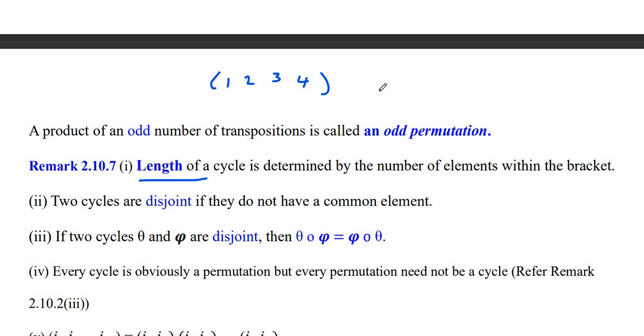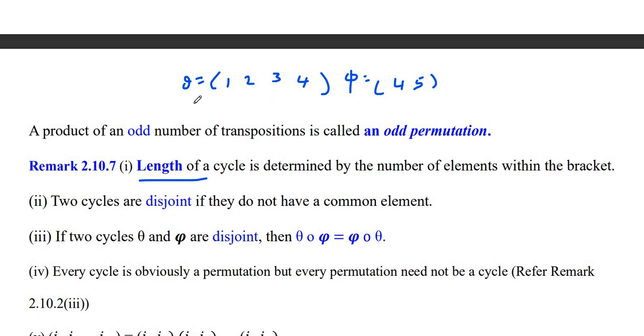Now given 2 cycles, say this and this, when do we say that these 2 cycles are disjoint? See here, you have this 4 common to these 2. So if theta is this and phi is this, you cannot call these 2 disjoint.